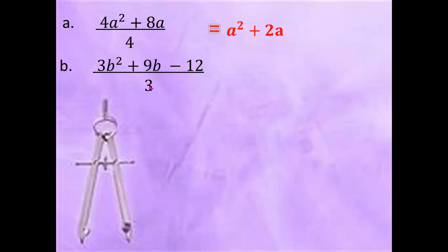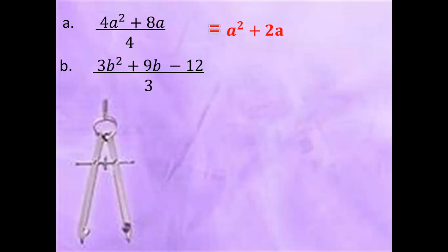3b squared divided by 3 is, right? 3 by 3 is 1, and you have remaining b squared. All right, what is your answer? b squared plus, 9 divided by 3 is 3.